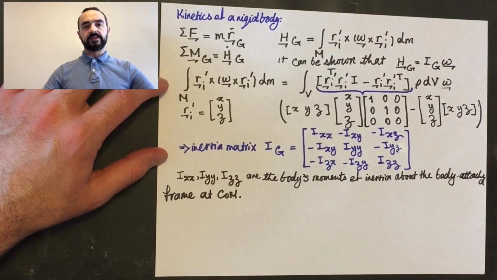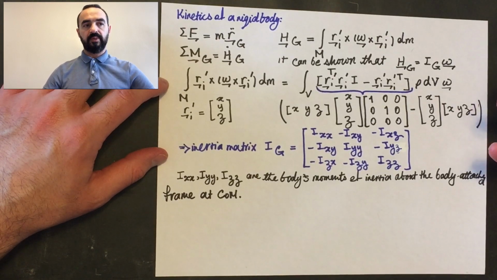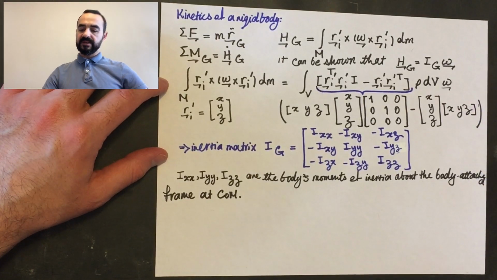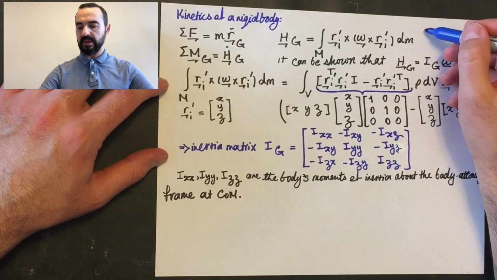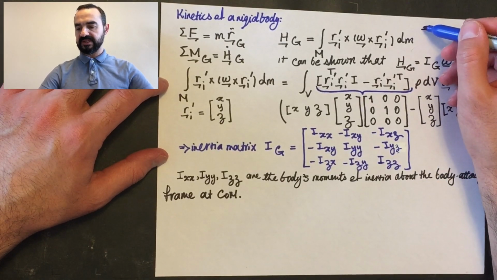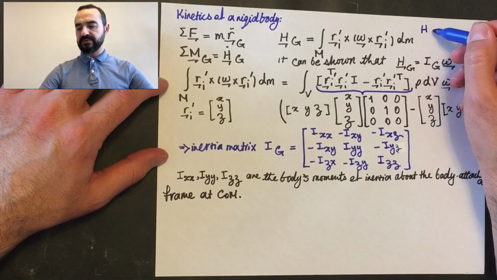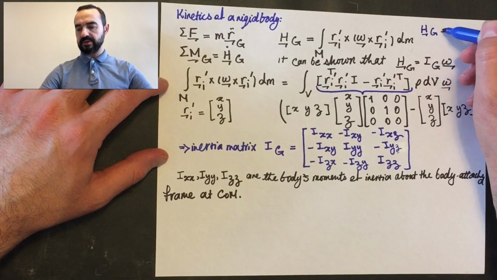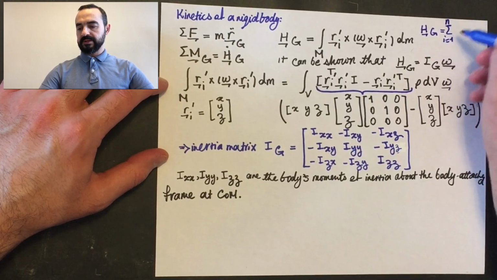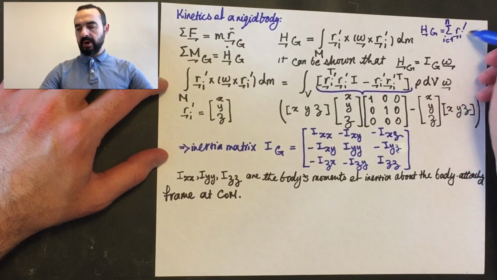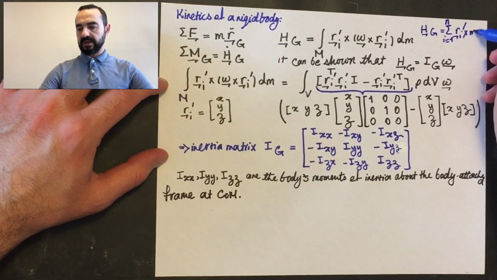For angular momentum, for a system of particles, we had this angular momentum H, which was equal to the sum from i equals 1 to n of r_i prime cross m_i v_i prime.